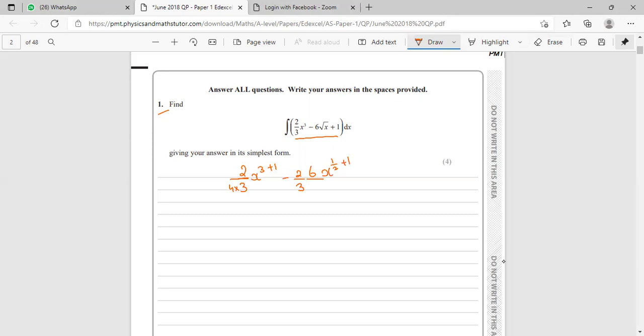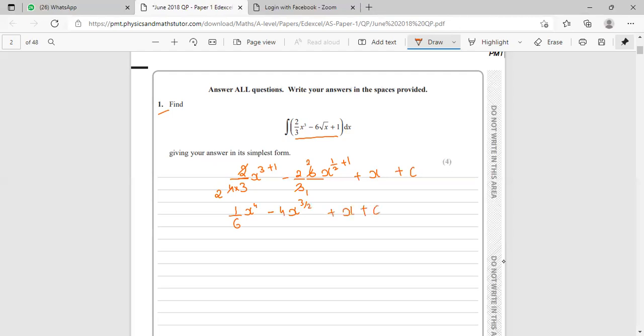And finally, for 1, we are going to have x and we'll write down the c. Let's just simplify this. This would be 1 by 6 x to the 4 minus, this is 1, this is 2, so this is 4 x to the 3 by 2 plus x plus c.